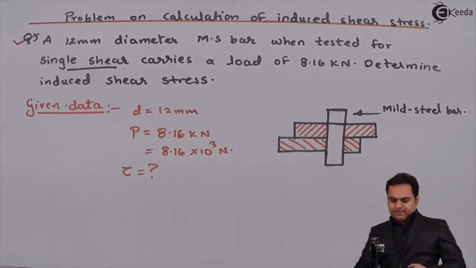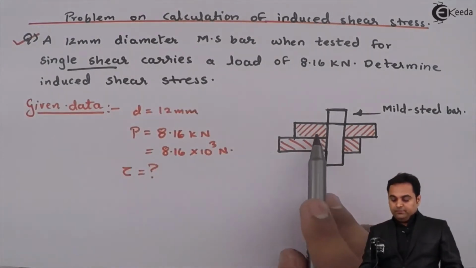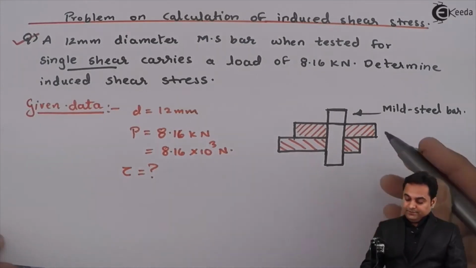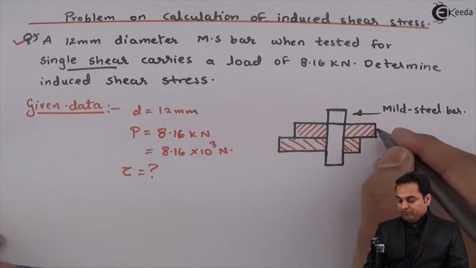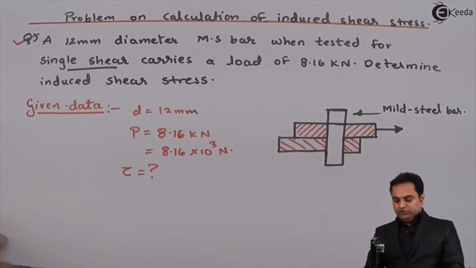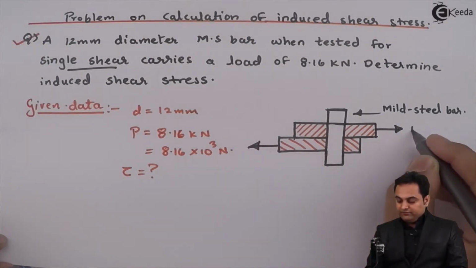Now the diameter of the mild steel bar is 12, so in both the plates there would be a hole of 12, and on one plate, that is the upper plate, if we apply a force towards right, on the bottom or lower plate if we apply a force towards left.